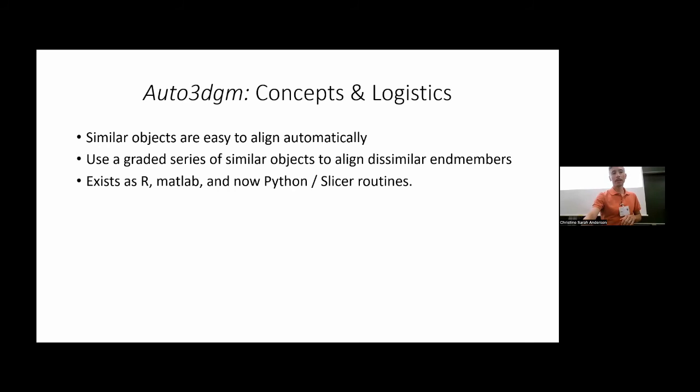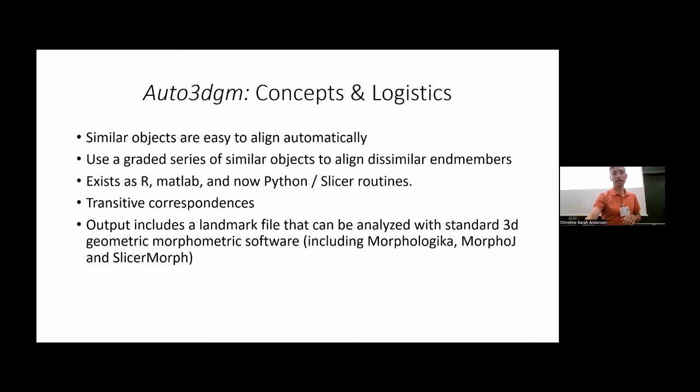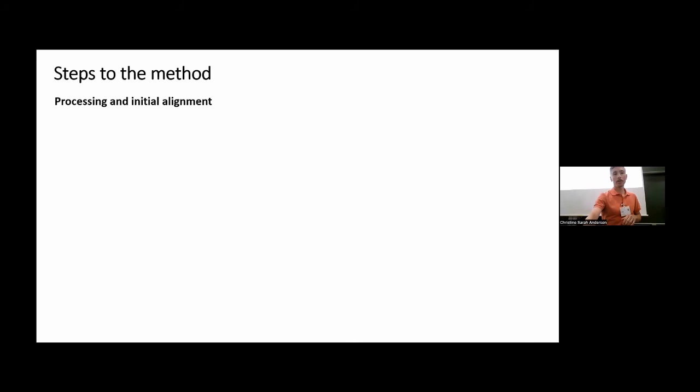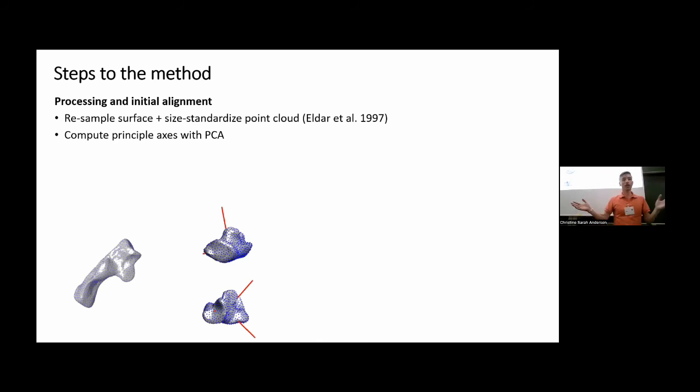So what we essentially do, I'll just show the approach here. We start by resampling to a set number of what we call pseudo landmarks, so evenly spread points over the surface, and then we compute the principal axes of each model or object in the sample, and those first 3 principal axes are our initial test alignments.